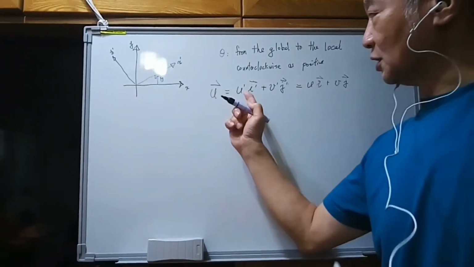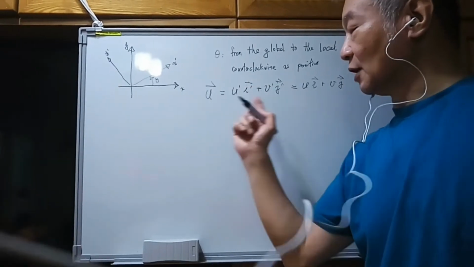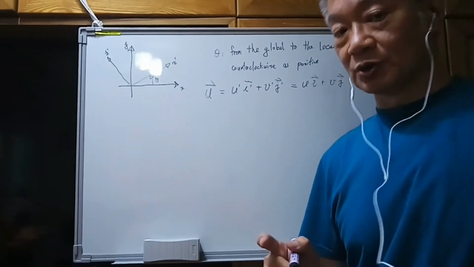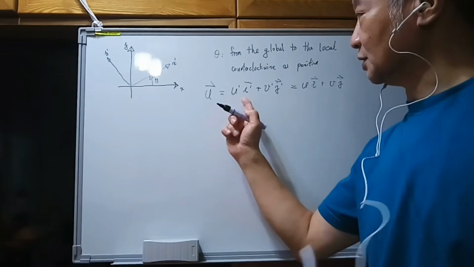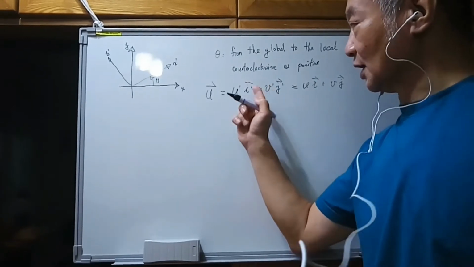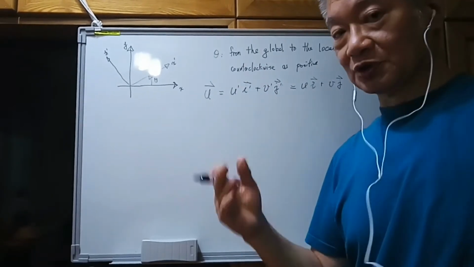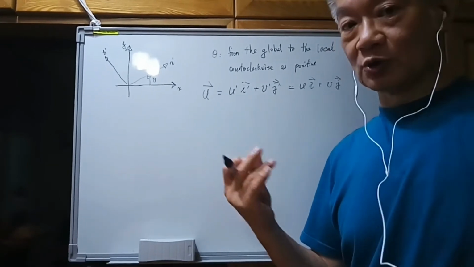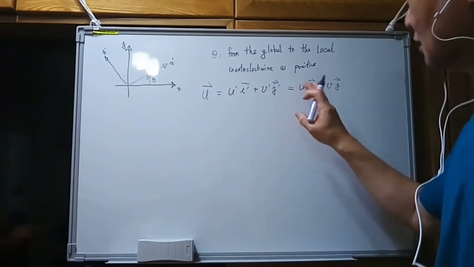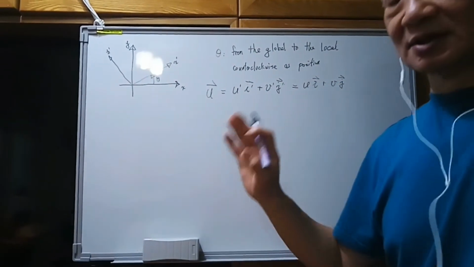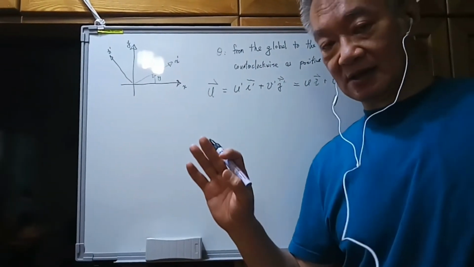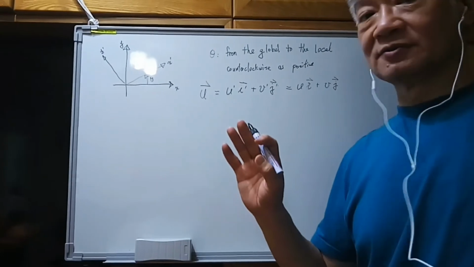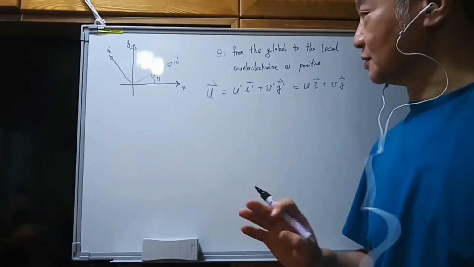If we use u prime and v prime, it means we use the local vector components, and as long as we add the prime, usually it means they are in the local coordinate system. If we do not use the prime, it means they are the components for the global coordinate system.